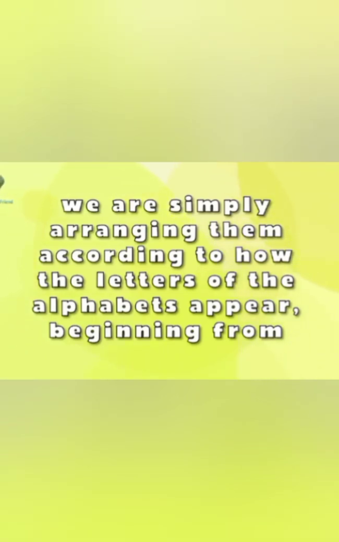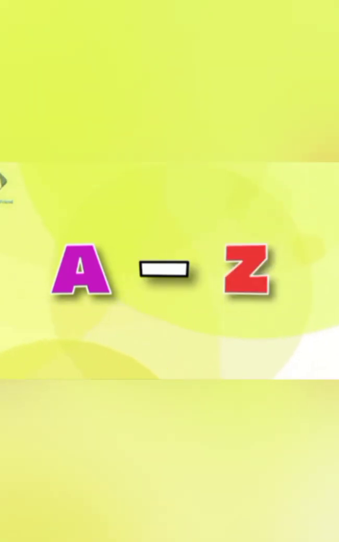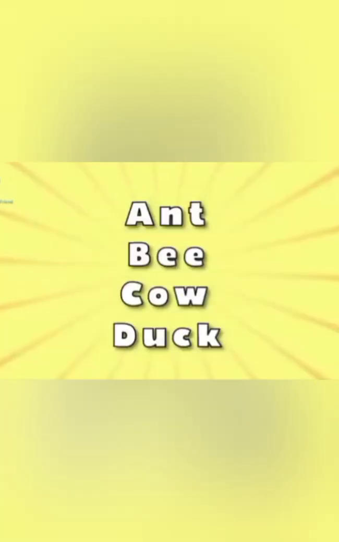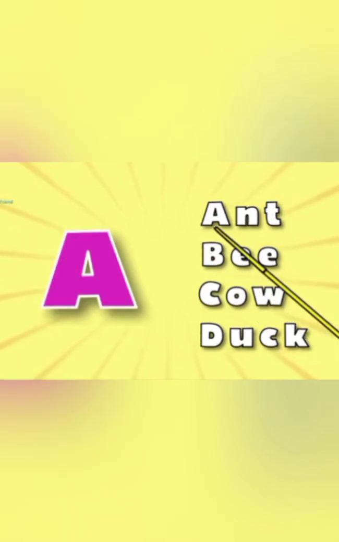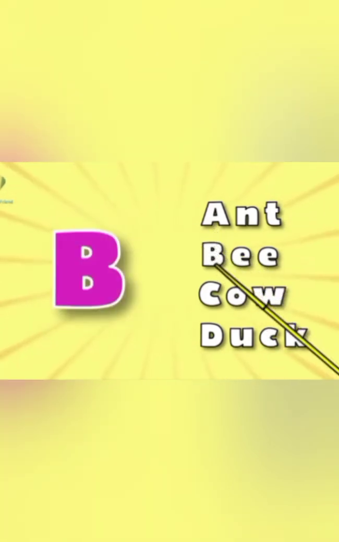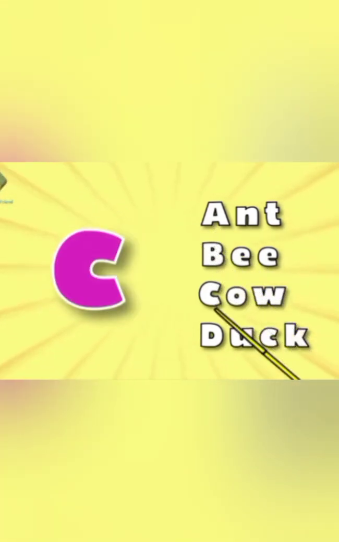We are simply arranging them according to how the letters of the alphabet appear, beginning from the letter A to the letter Z. Okay? So now, ant, bee, cow and duck. Here you can see that these words are arranged according to A, B, C and D order.